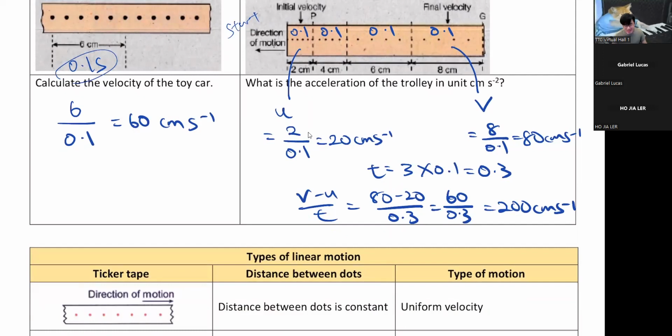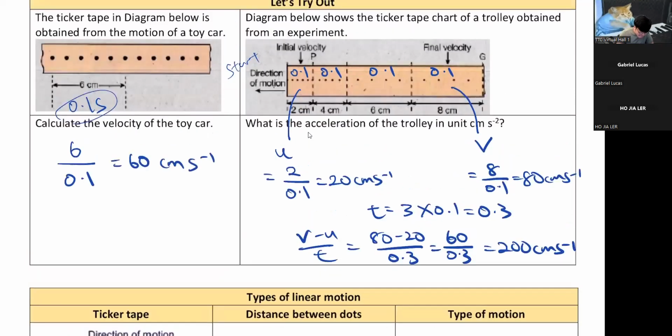It's this easy. If this comes out in exam, this question will carry 3 marks at least. If it ever comes out, because this part is sometimes considered a little bit too straightforward, maybe they won't come out. Maybe they will. I don't know.